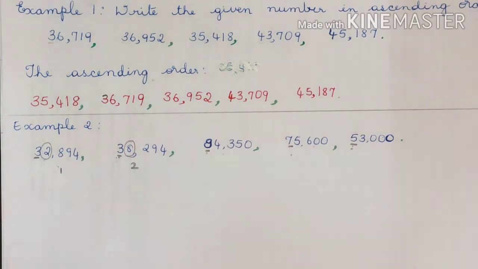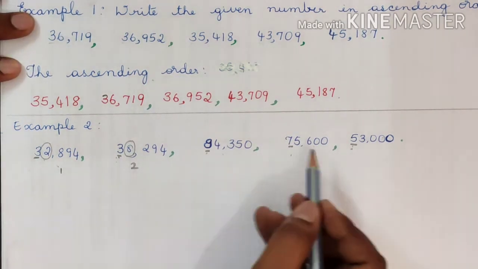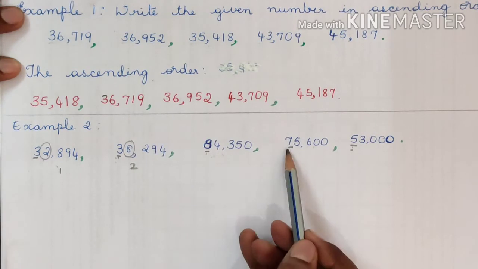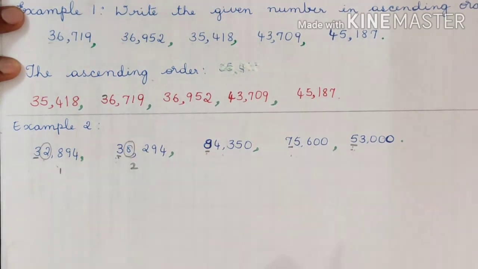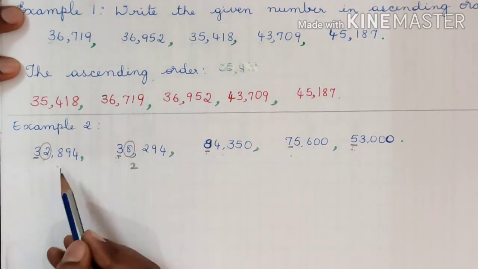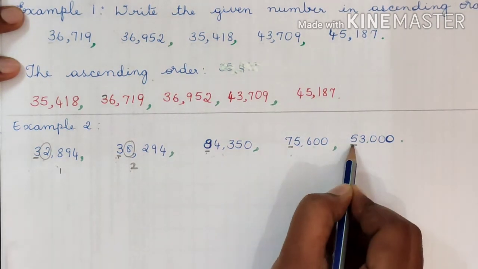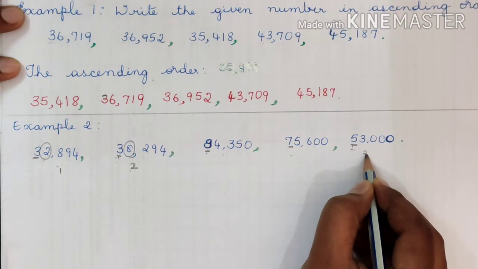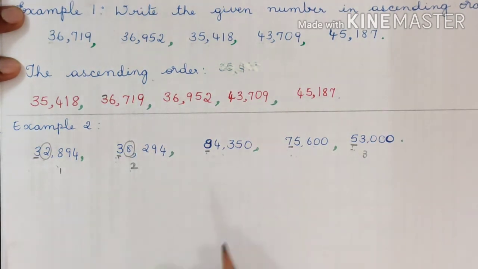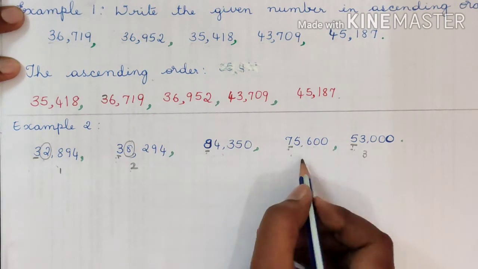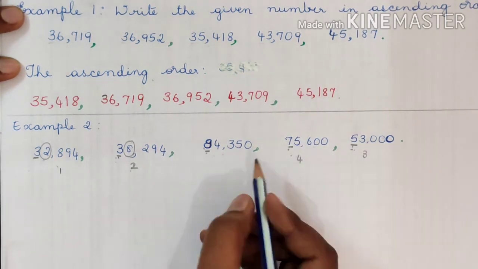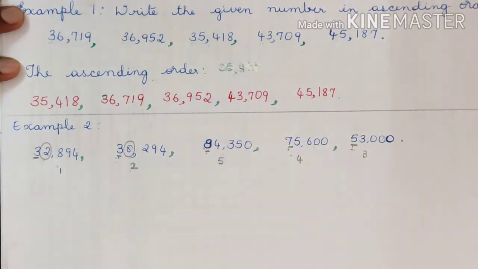Now we are left with the other three numbers. Let us compare these three. Since the 10,000s are different, we can directly write. After this, 5 is the smallest number. So we can say that this comes third. Then we have 7, and last comes 8. Now arranging the numbers accordingly, we get the ascending order.